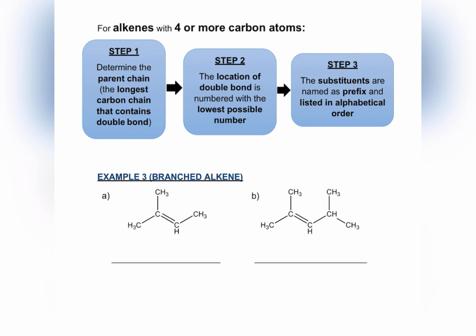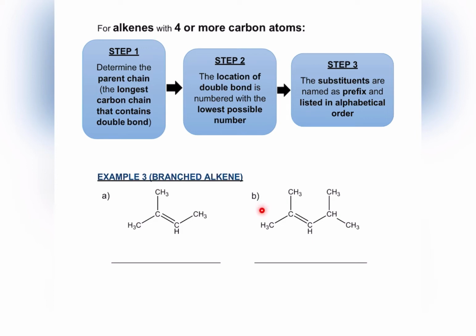After that, once you have the parent chain, make sure the location of the double bond has the lowest possible number. Then list all the substituents as prefixes in alphabetical order, for example A and B.